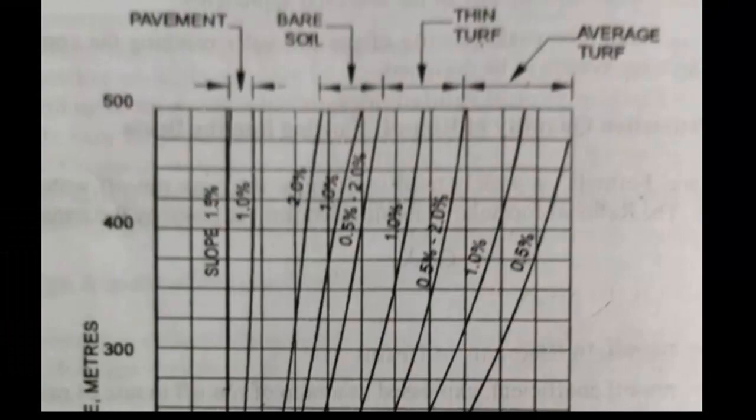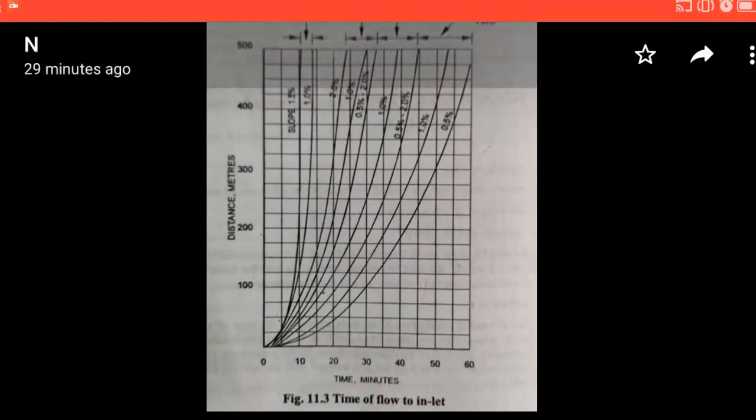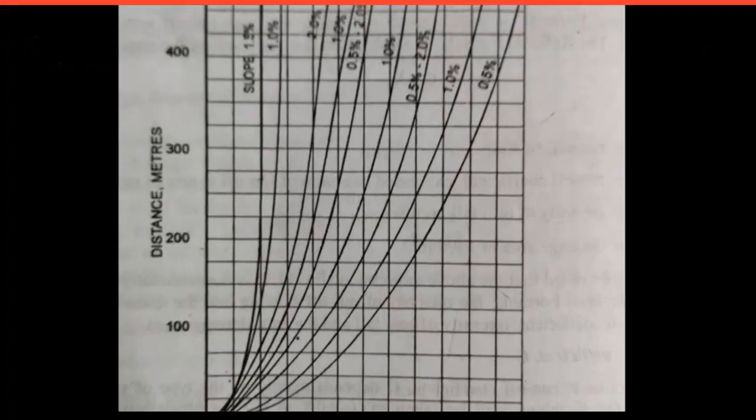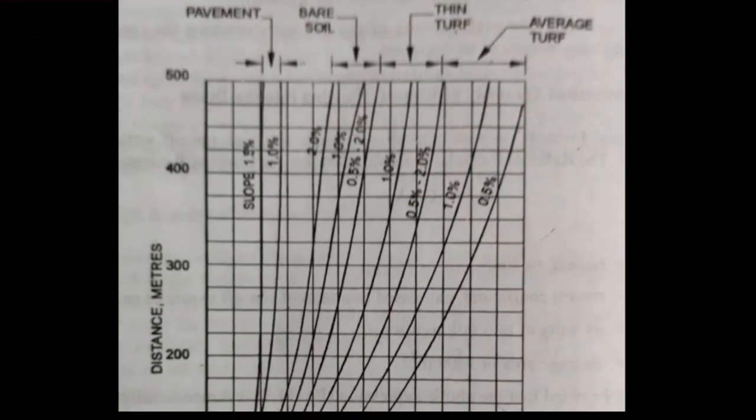So here in this given chart, hope you remember, on the top right corner average turf is mentioned, and they have mentioned 1.5 to 2%. Here by mistake that is printed as 0.5 to 2%, but it is 1.5 to 2%.